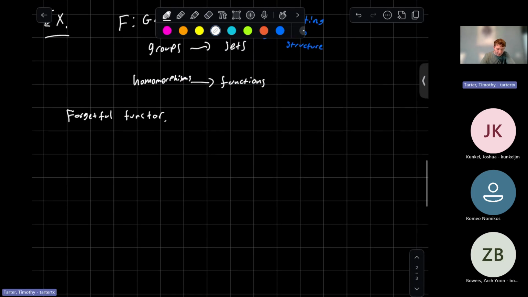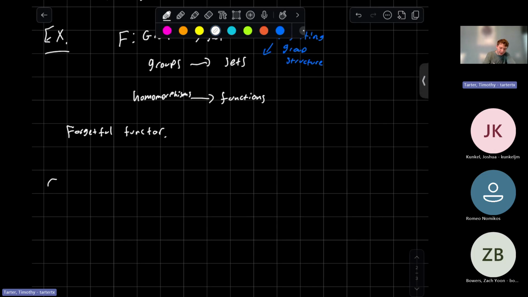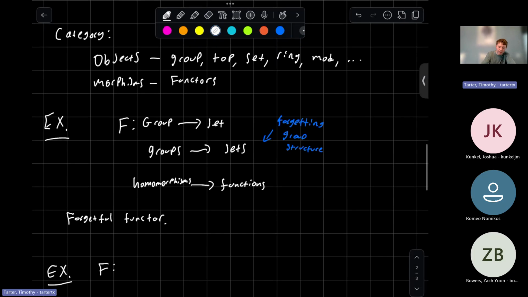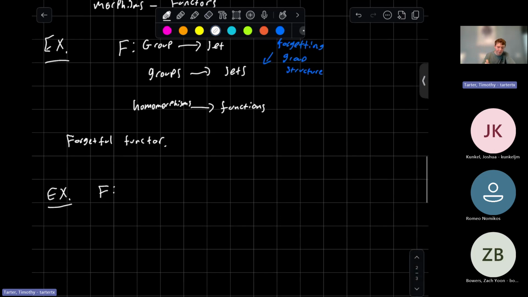So another type of forgetful functor is F from some ring, and it's worth mentioning I phrased this in total generality. Typically, a functor is from a specific collection of groups and their morphisms to a specific collection of sets and their functions.